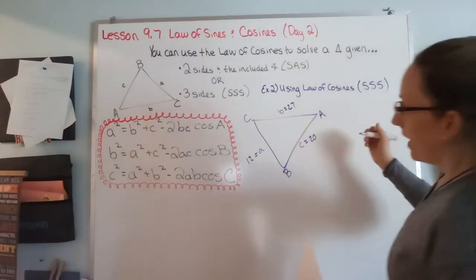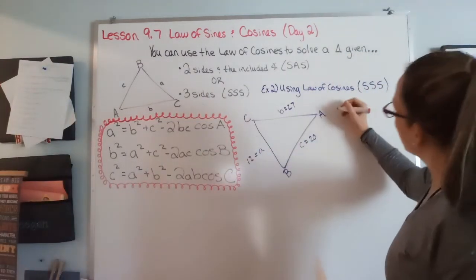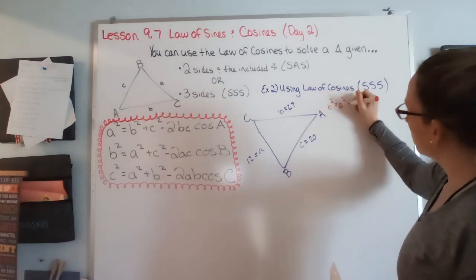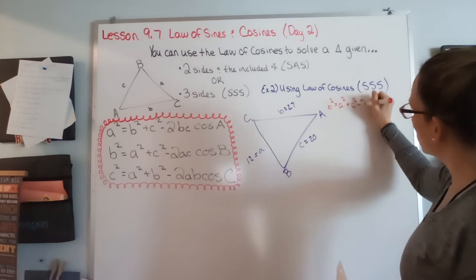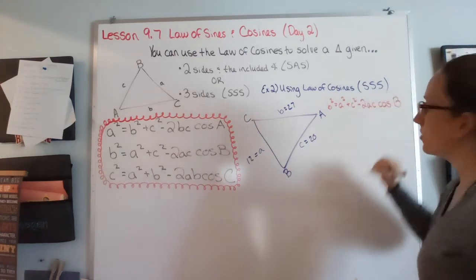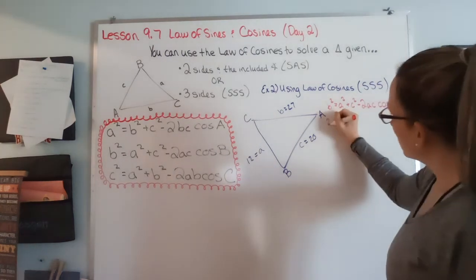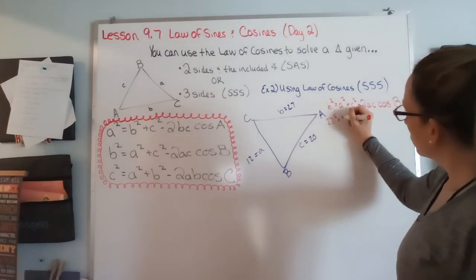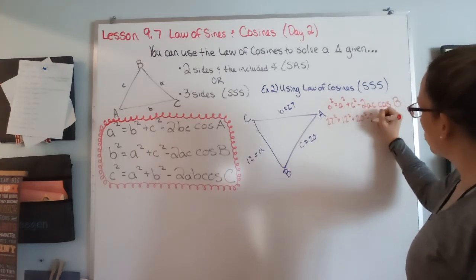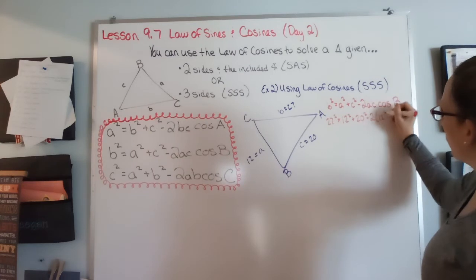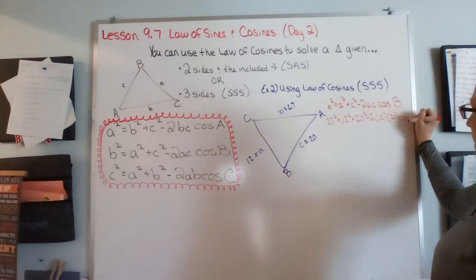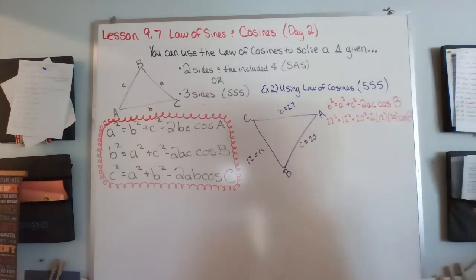B squared equals A squared plus C squared minus 2AC cosine B. And you're going to fill in everything you know. So 27 squared equals 12 squared plus 20 squared minus 2 times 12 times 20 cosine B. Okay.